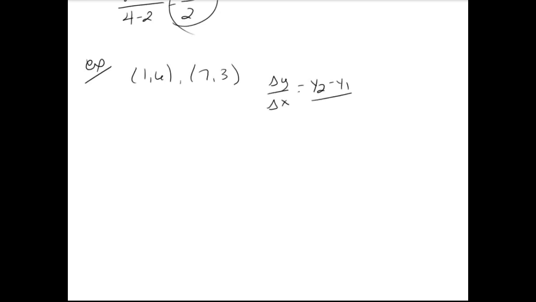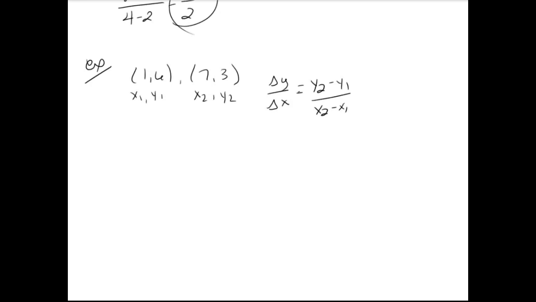So let's go ahead and do another one. Let's say we have 1, 6 and 7, 3. And we want the change of y over the change of x. So we need y2 minus y1 all over x2 minus x1. And if you need to label these every time right now, that's totally fine. You go ahead and do that to make sure that you grab the right numbers.